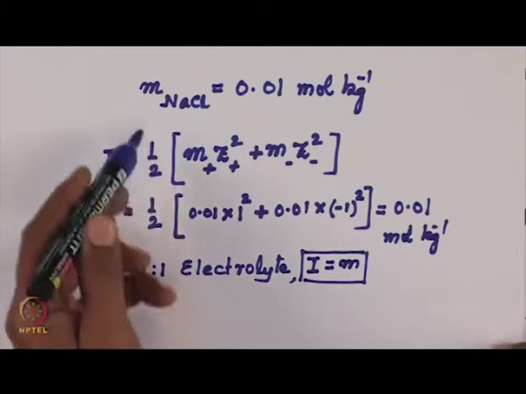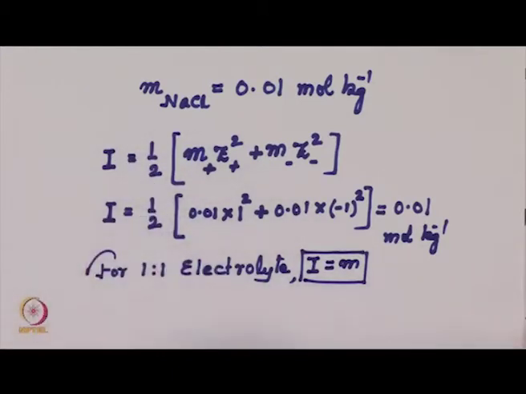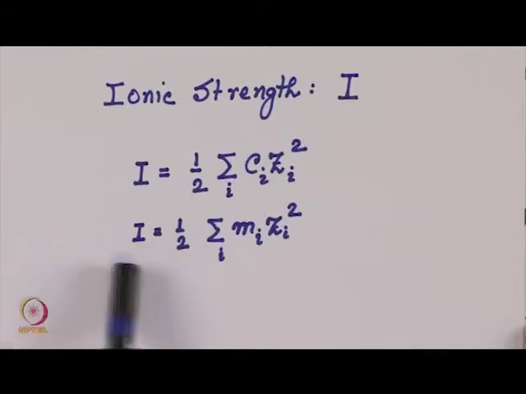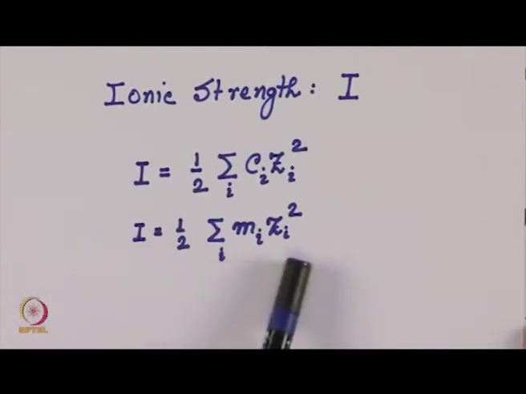But I discussed this calculation only to make things clearer: if you have only sodium chloride in solution, sodium chloride is a 1:1 electrolyte, and in that case I is equal to M. However, if there are more than two ions present in solution, then according to the definition of ionic strength we need to consider all possible ions in solution.